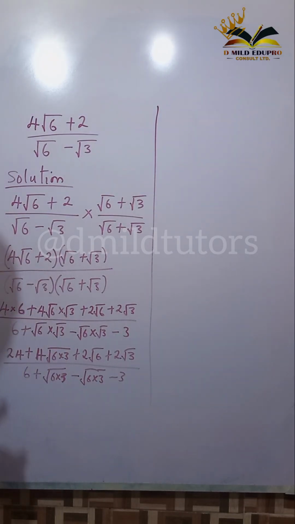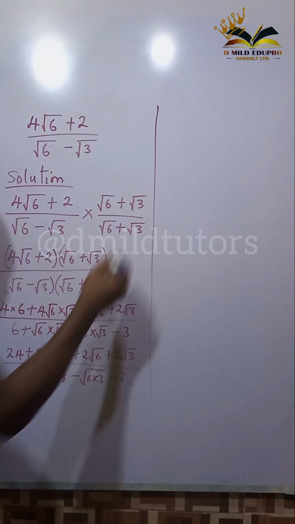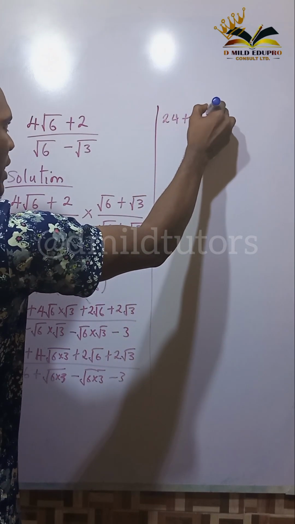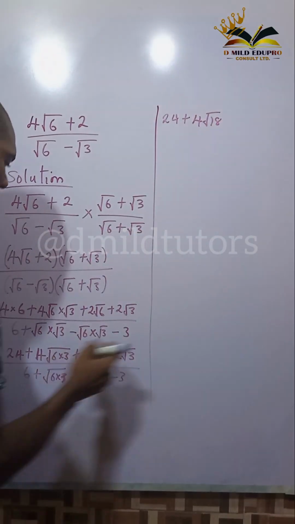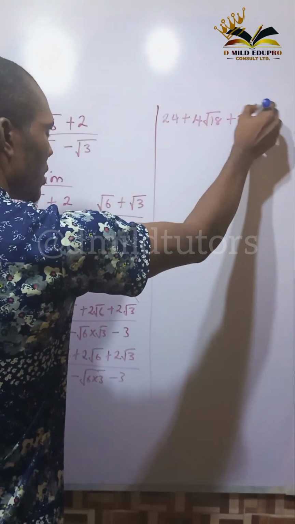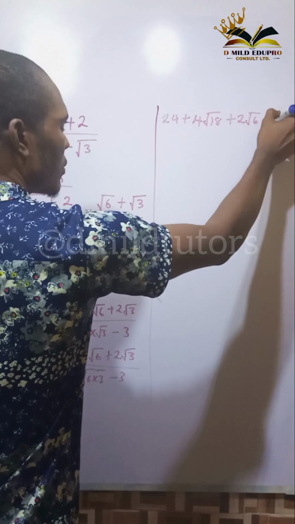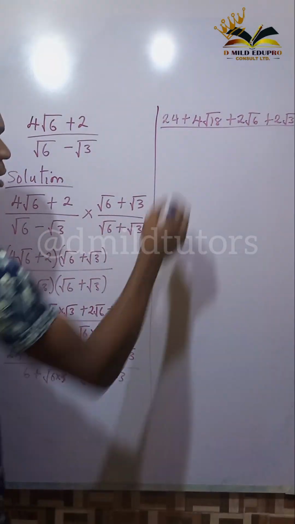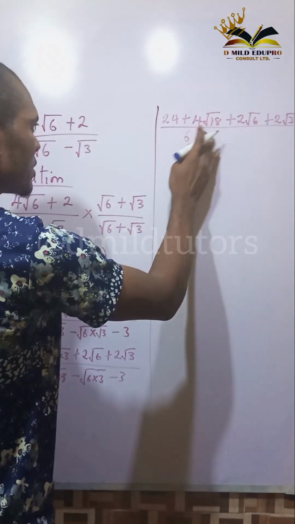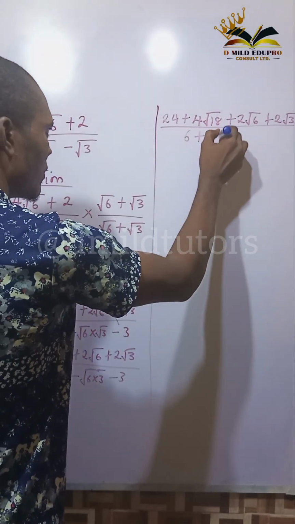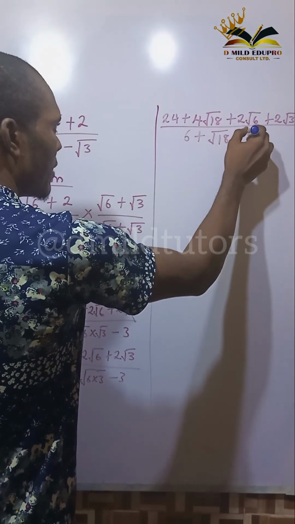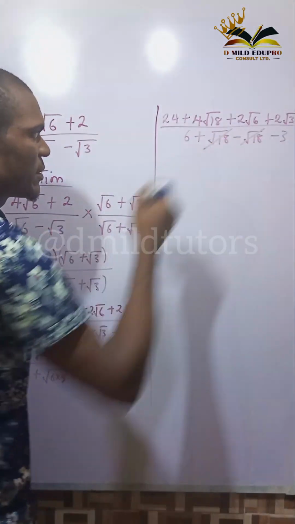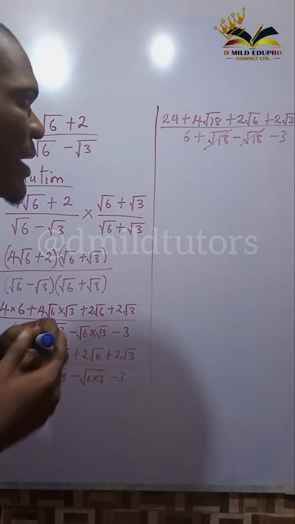So the next thing we need to do, we simplify further. Here we have 24 plus 4 root 18 plus 2 root 6 plus 2 root 3, then divided by, this gives you 6 plus root 18 minus root 18 and minus 3. This we cancel, plus root 18 we cancel out minus root 18.